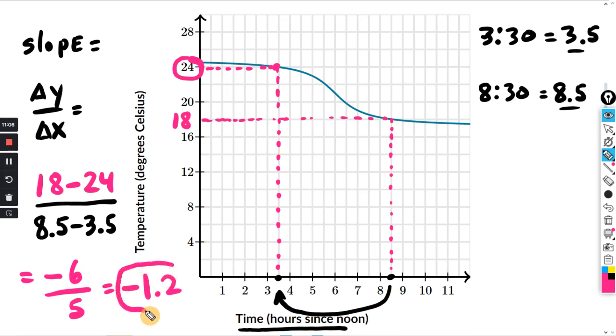So that is your average rate of change from 3:30 to 8:30. Does the negative make sense? Yes, if you start at 3:30 and go to 8:30, the graph is clearly decreasing. That's a negative slope.